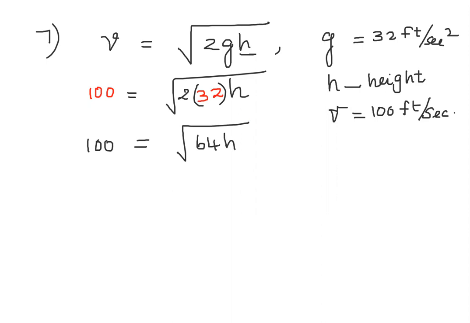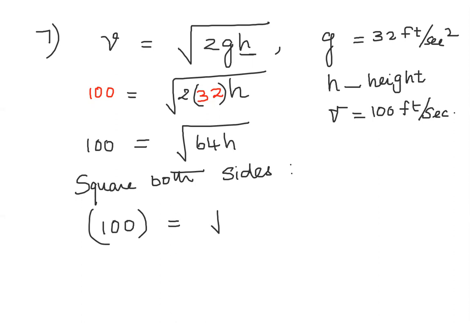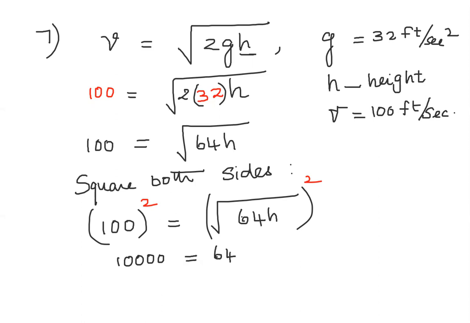So to get h by itself, we have to square both sides. And we get 10,000 equals 64h.